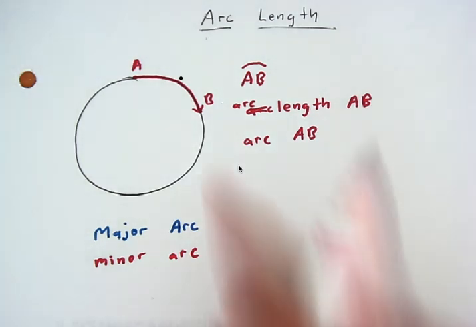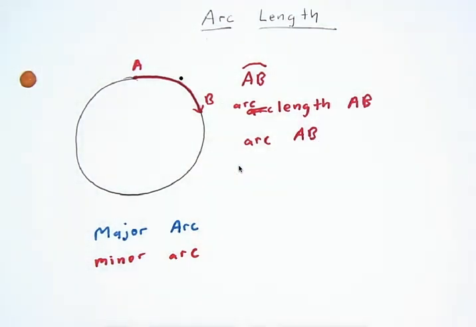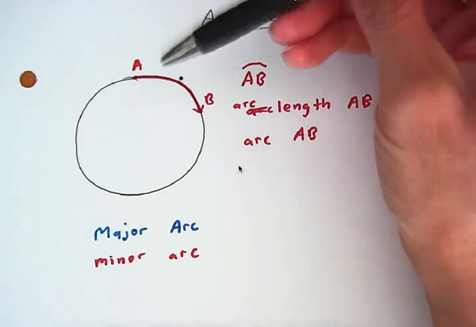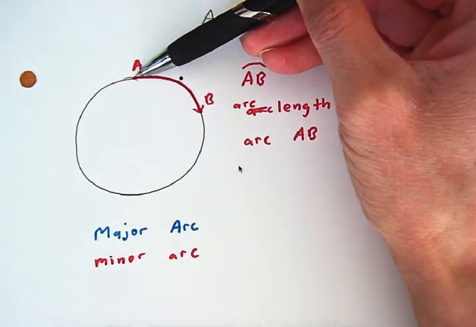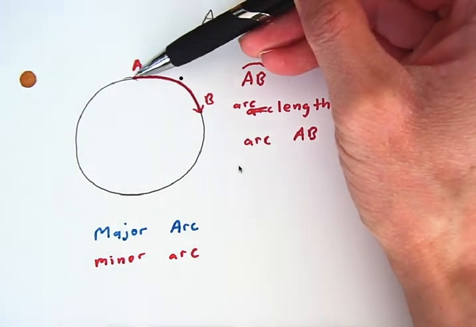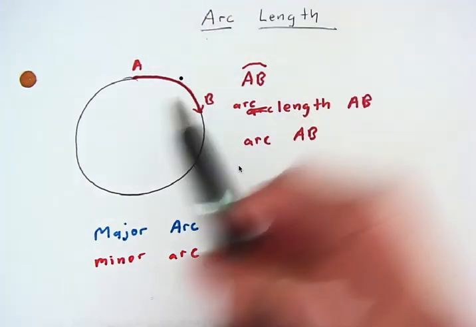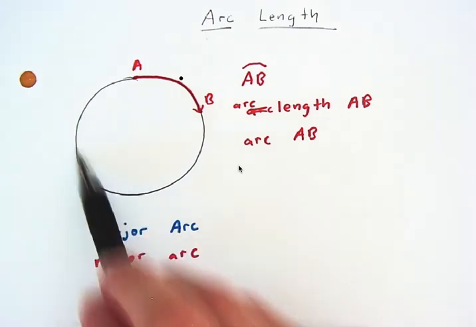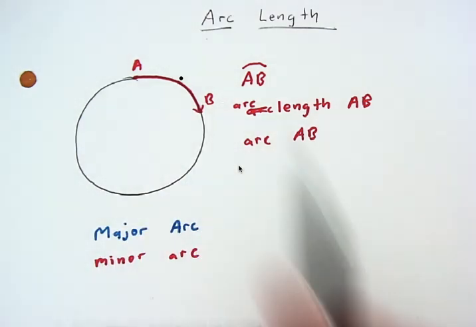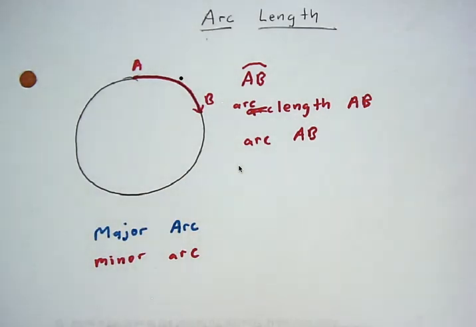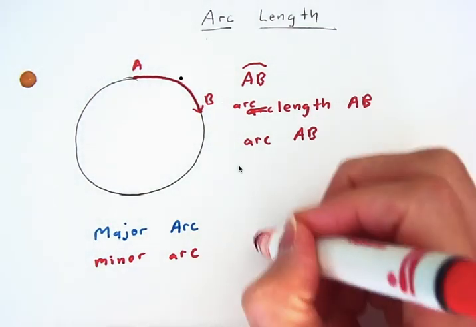So on this picture right here, if we were going to go from A to B, we actually have two choices. We can go from A to B going this way, the short way, or you can go from A to B going here the long way. If you go the short way, that is called your minor arc.